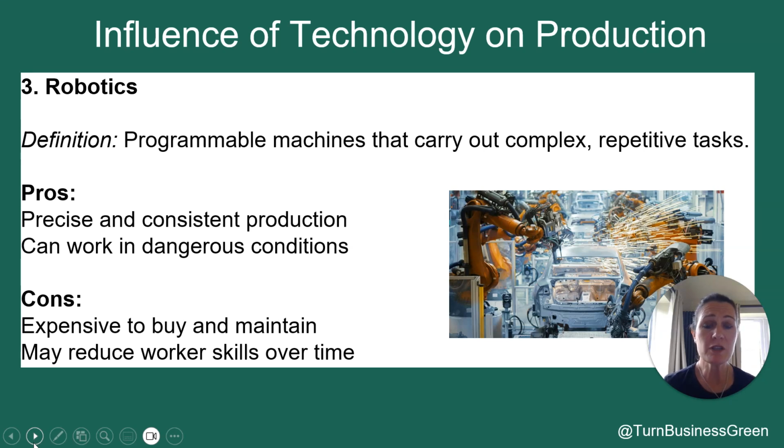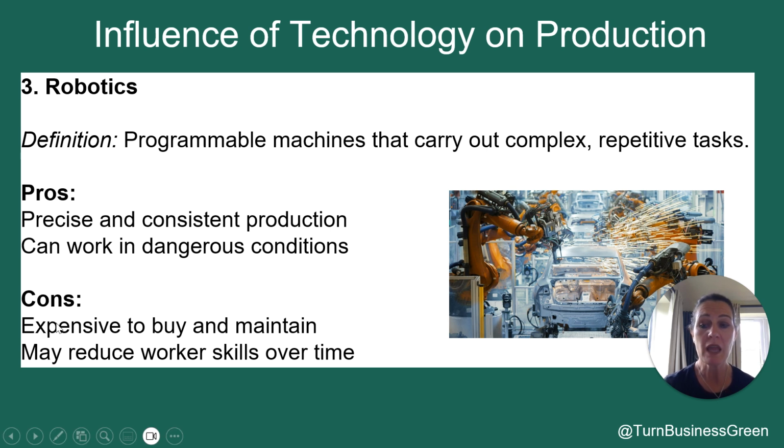Robotics, similar to automation, is having programmable machines that carry out complex and repetitive tasks. The pros are they're really precise and consistent, they lead to good quality because of the precision, they're able to work in difficult and dangerous conditions, and they can work 24/7.